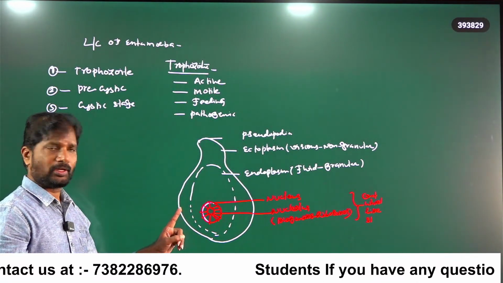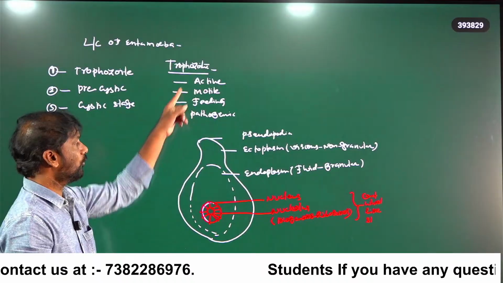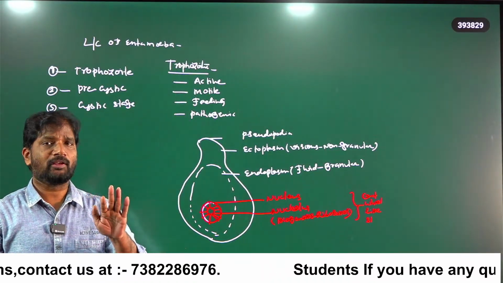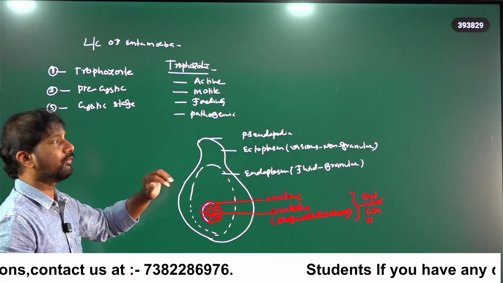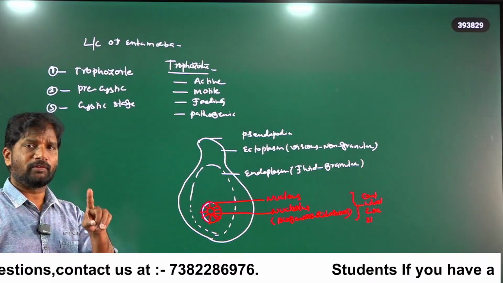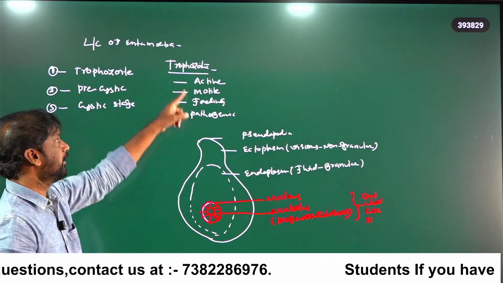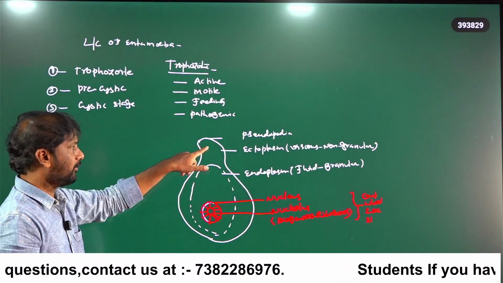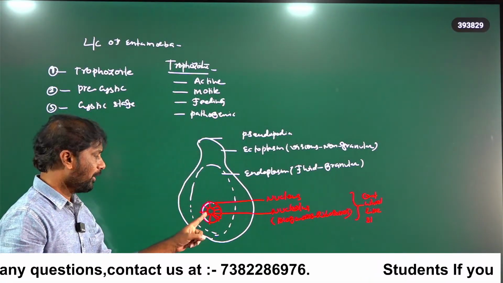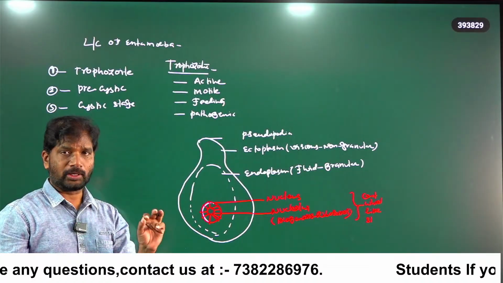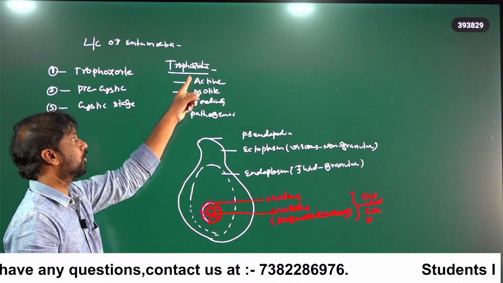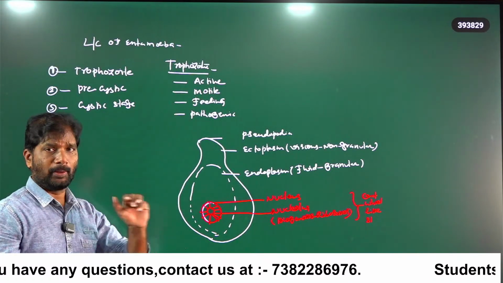The presence of the cartwheel-like structure in the trophozoite stage is known as the characteristic feature of the trophozoite, or you can say of Entamoeba. As well as another characteristic feature of the trophozoite, there is a single pseudopodia. The single pseudopodia and cartwheel-like nucleus are the characteristic features of the trophozoite of Entamoeba.